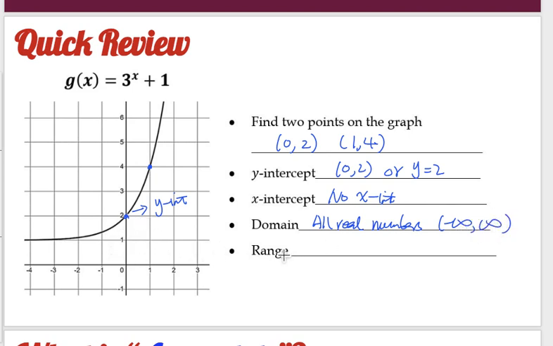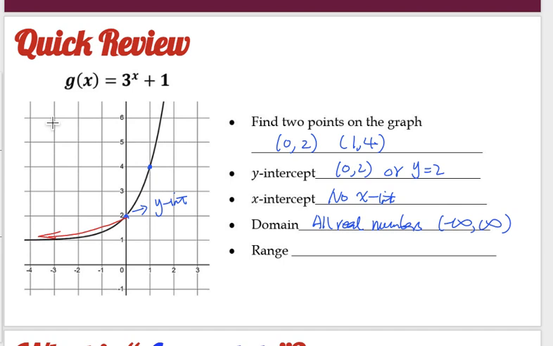Last part is going to be range. This time I want to spend a little bit longer on this one because if you check the graph carefully, you would notice this part of the curve, let's use a different color, is actually approaching this horizontal line, as you can see there.